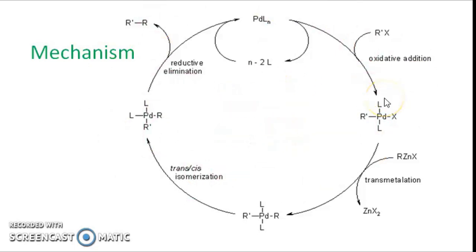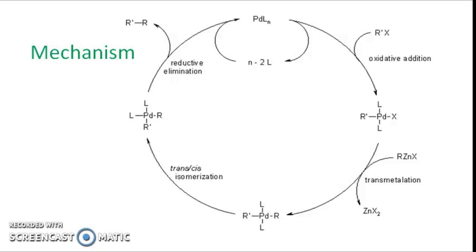Now coming to the applications, what are the applications of Negishi coupling? Negishi coupling is mainly used in natural product synthesis, in natural product chemistry. It finds less use in industrial chemistry because the organozinc compound is sensitive to moisture and air.